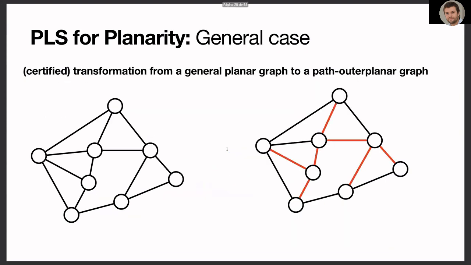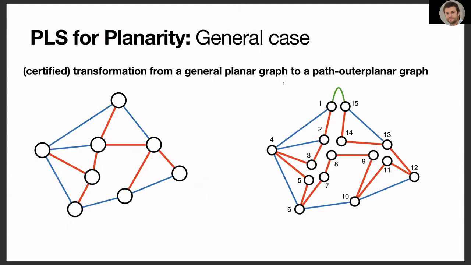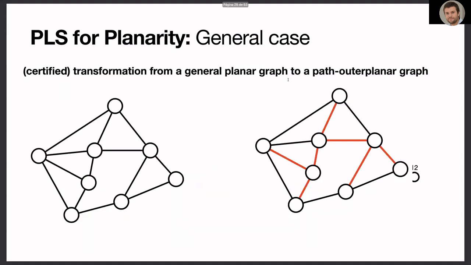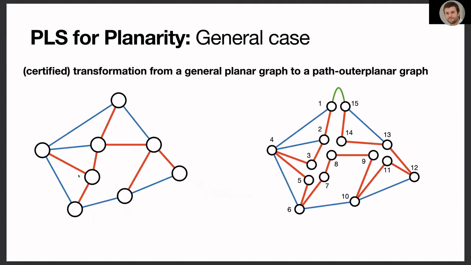And this is the first part. I won't go into too much detail here, but the second part of the proof labeling scheme for planarity is to reduce any instance to a path outer planar graph. So we take a graph and construct a DFS traversal, which is a tour that visits all vertices in the order of a DFS.